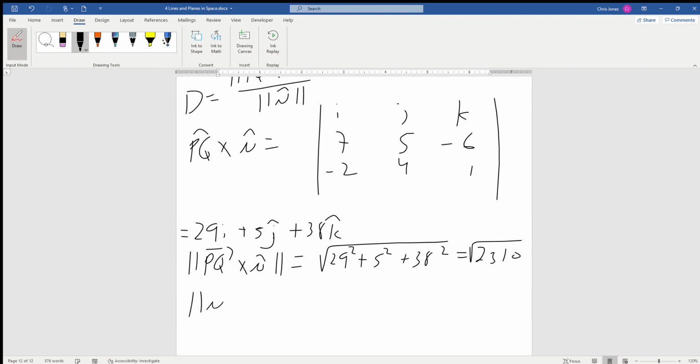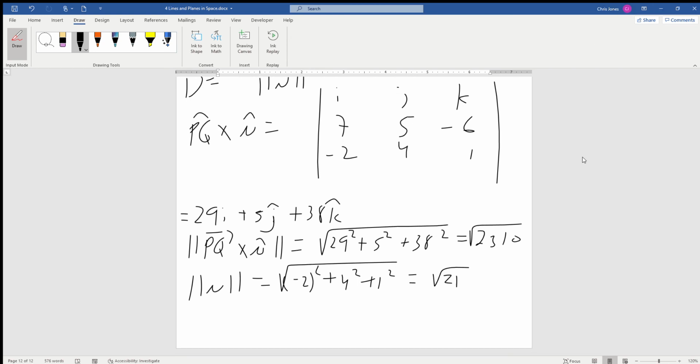The magnitude of U, thankfully a little bit easier, is the square root of -2 squared plus 4 squared plus 1 squared, which should be root 21. And our distance d is going to be equal to root 2310 over root 21.